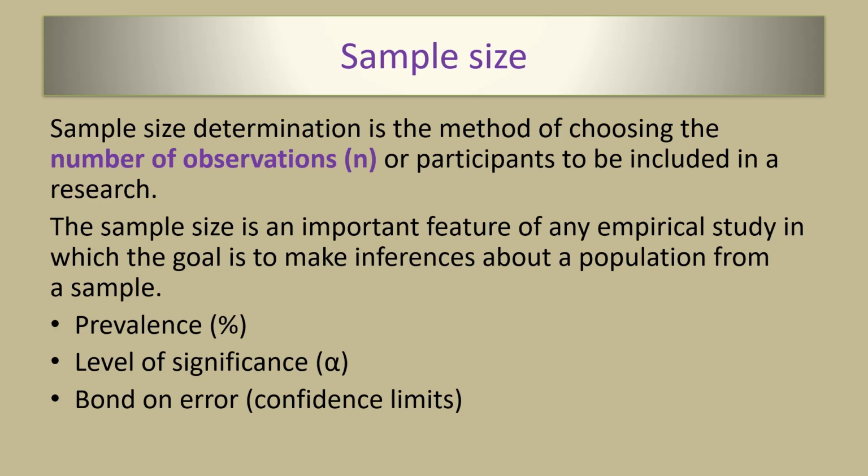Sample size. Sample size determination is the method of choosing the number of observations n or participants to be included in the research. The sample size is an important feature of any empirical study in which the goal is to make inferences about the population from a sample.